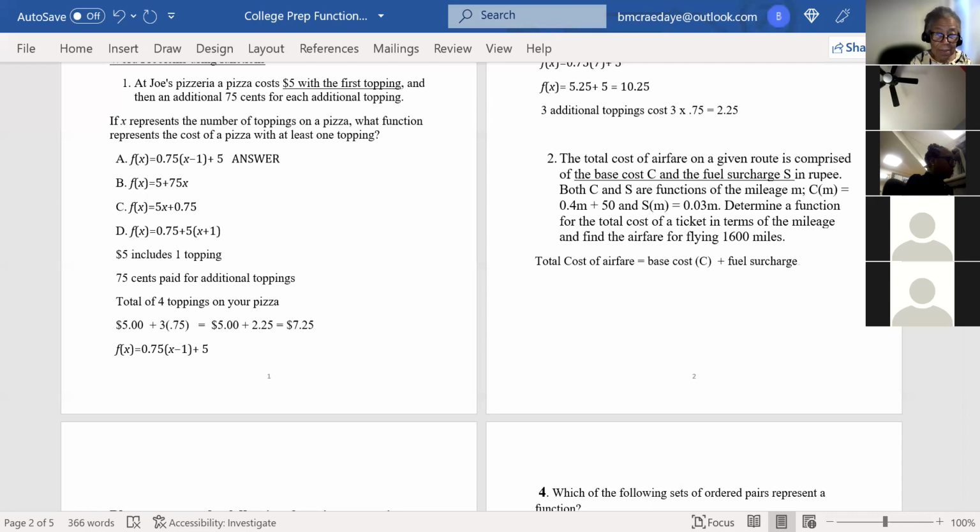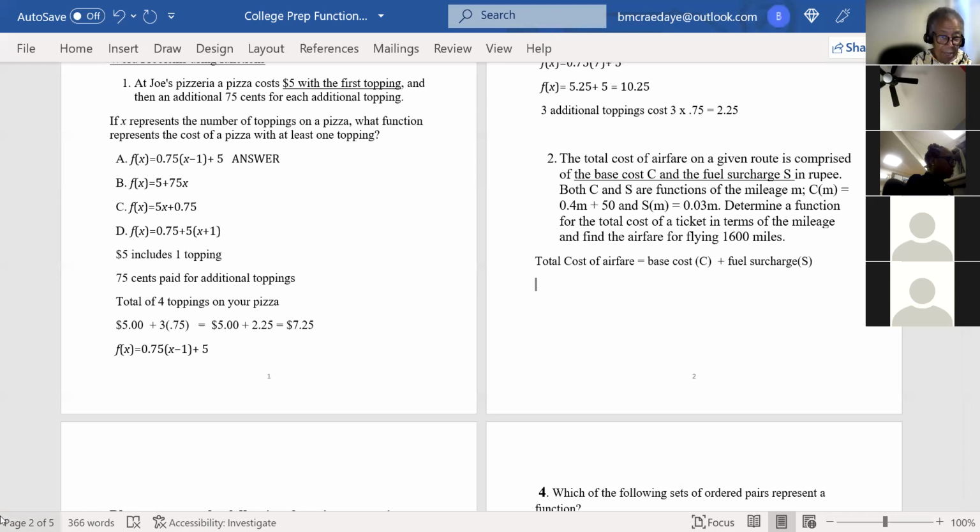And we call that what, S? Okay. So that's the total cost. Now, the base cost is a function and the surcharge is a function, right? So we're given, let's just write what the base cost.